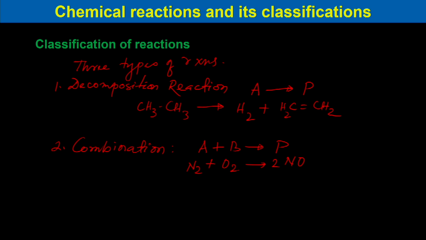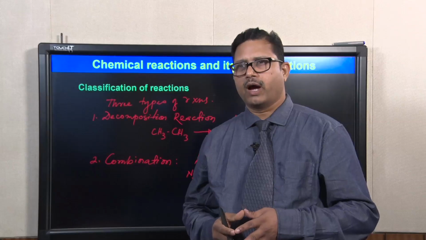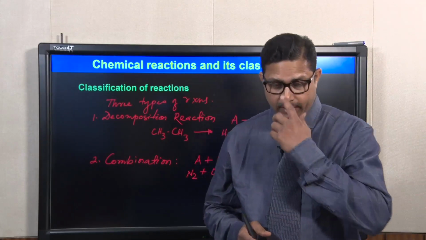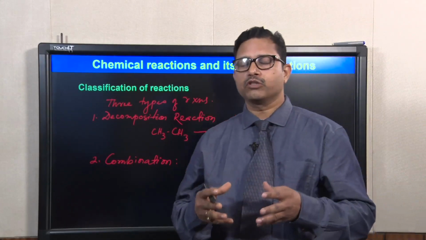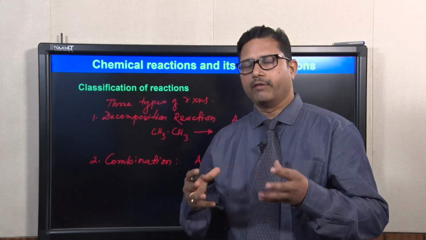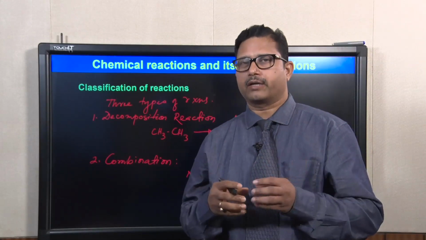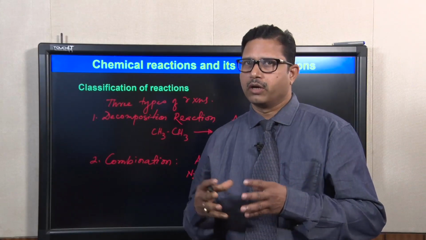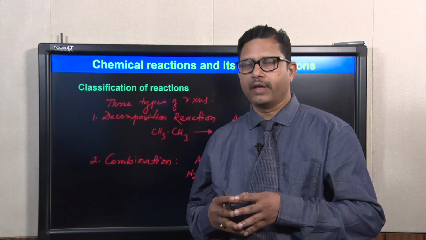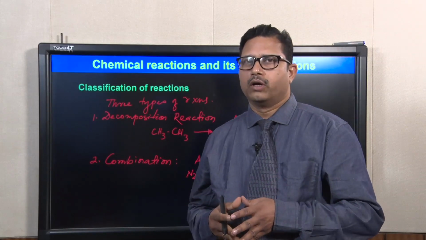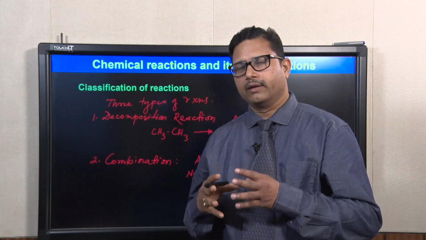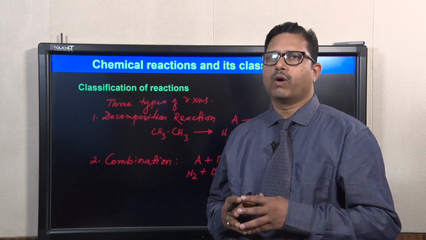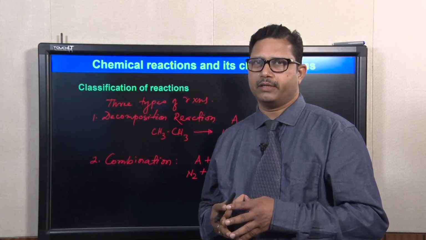As you know, this is one of the famous examples of atmospheric nitrogen fixation reactions. The nitrogen in the atmosphere, during heavy lightning, reacts with oxygen at high temperature and produces nitric oxide, which is then converted further, and the nitric oxide falls with water and forms nitric acid.